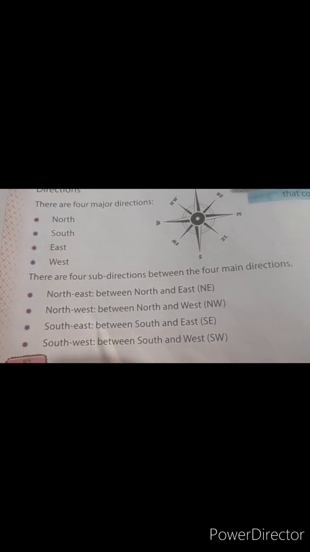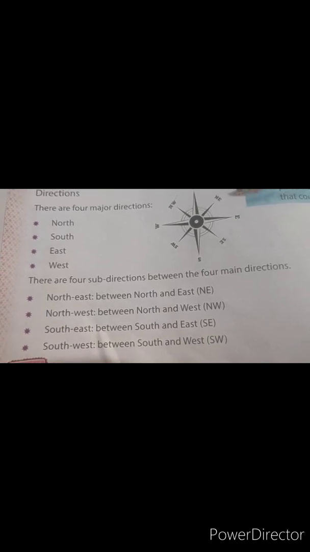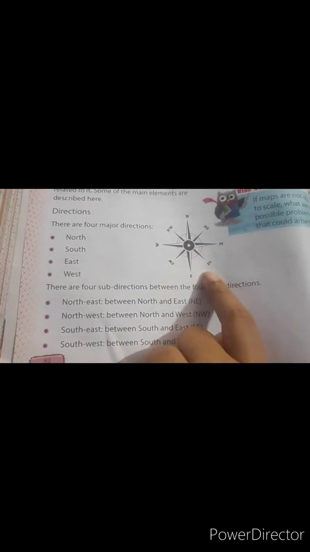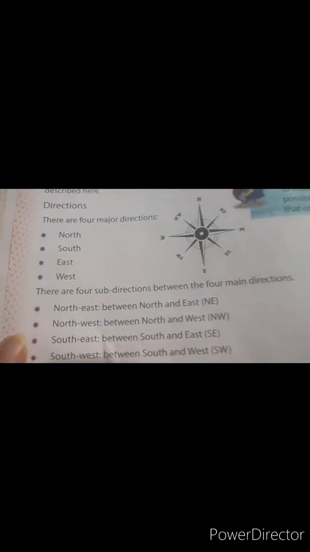Northeast is between north and east, northwest between north and west, southeast between south and east, southwest between south and west. I hope you understood this one.